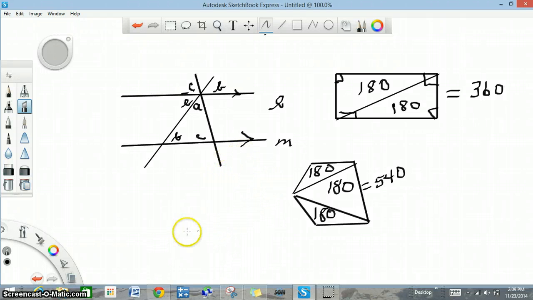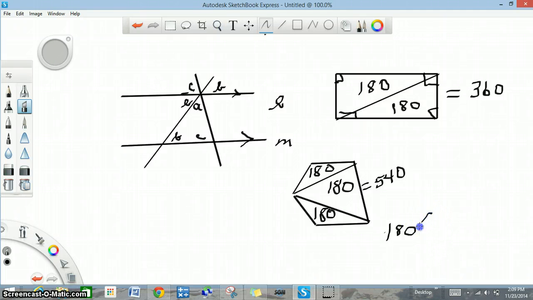And so from this, we can now determine that we're adding 180 degrees to each figure. That gives us a formula that is referred to as the interior angle sum. And it goes like this.